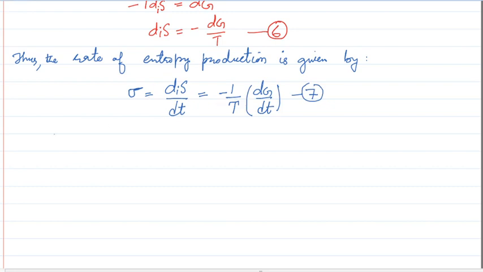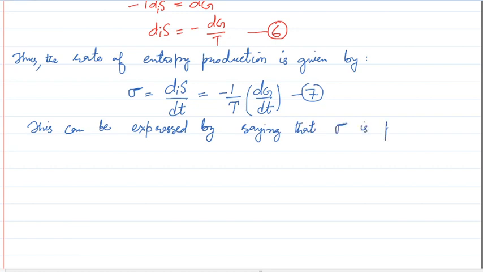This equation basically can be expressed by saying that sigma is proportional to the decrease in Gibbs free energy.